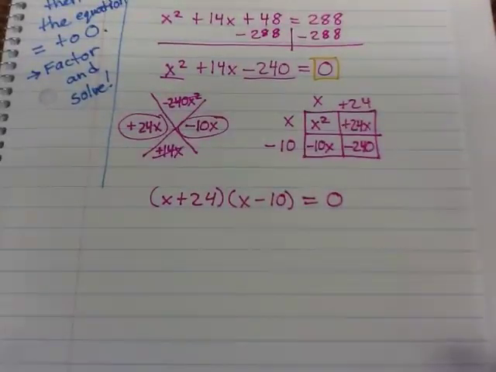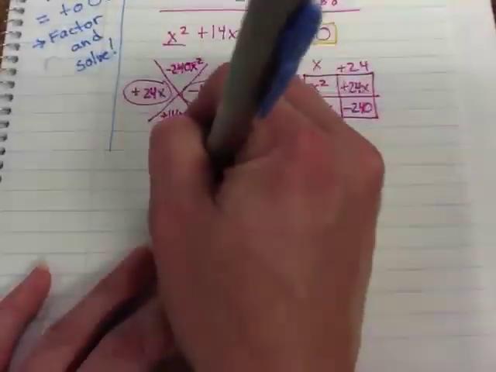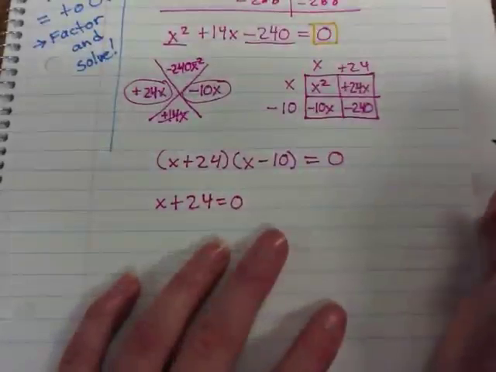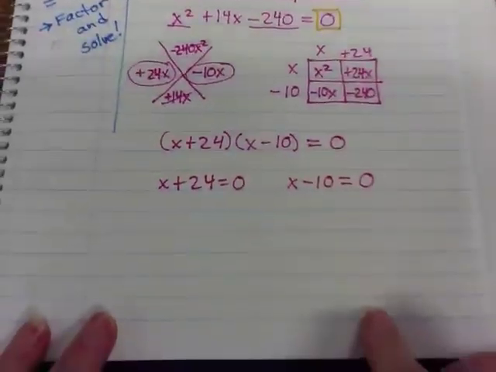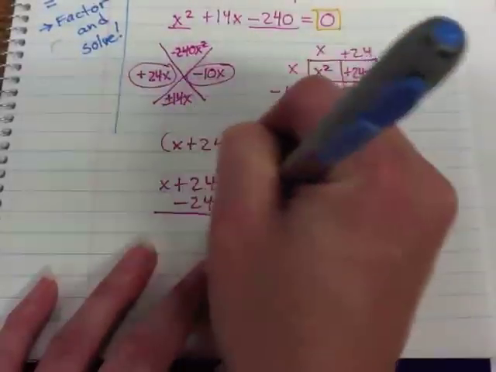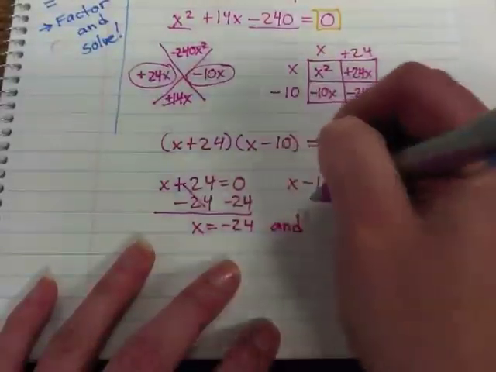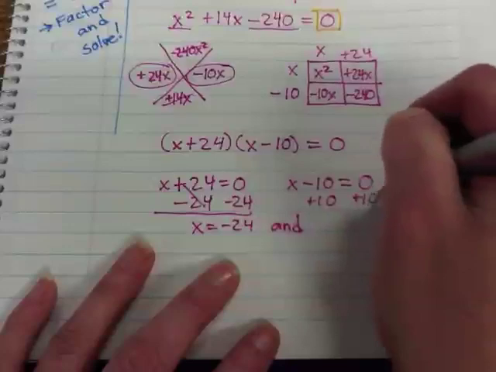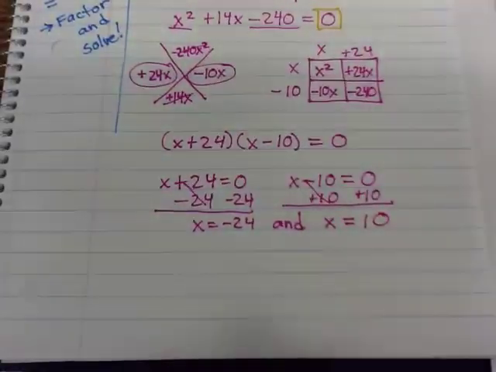What are you going to do with these to find your roots? x plus 24 equals 0, and x minus 10 equals 0. x equals negative 24, and x equals 10. So your roots or your x-intercepts are negative 24 and 10.